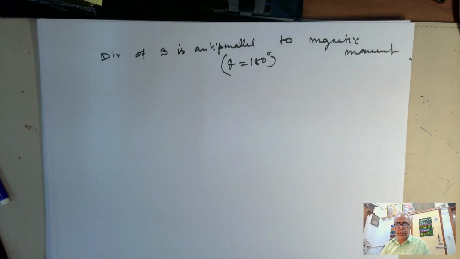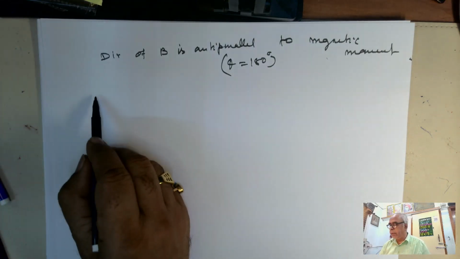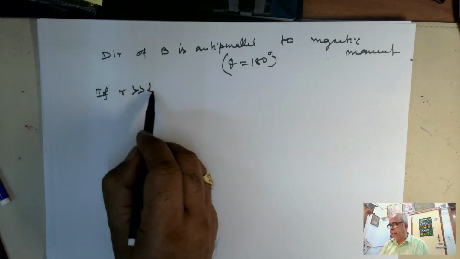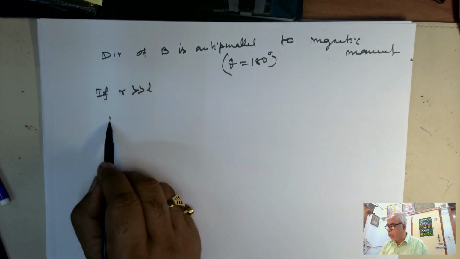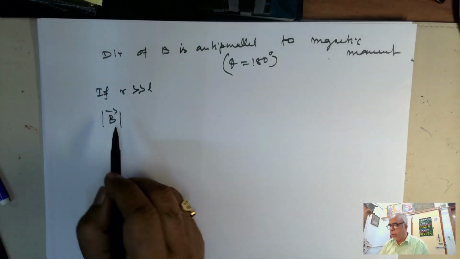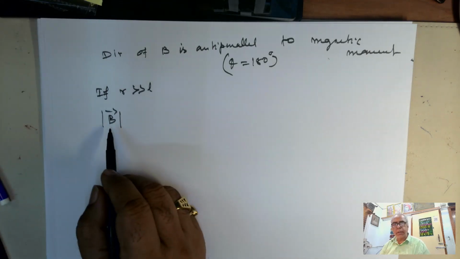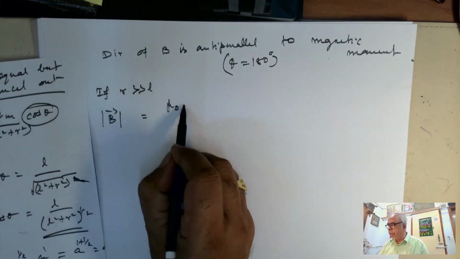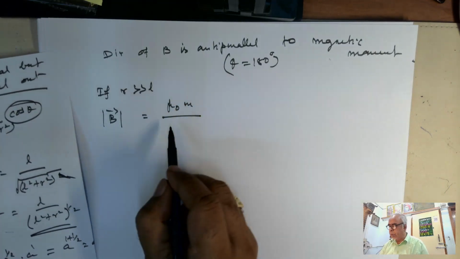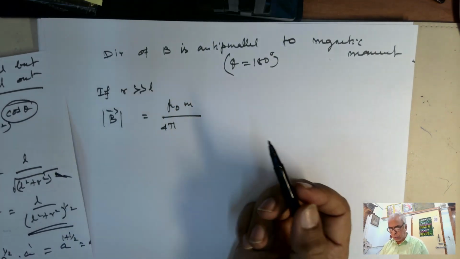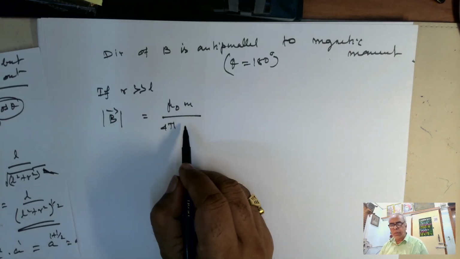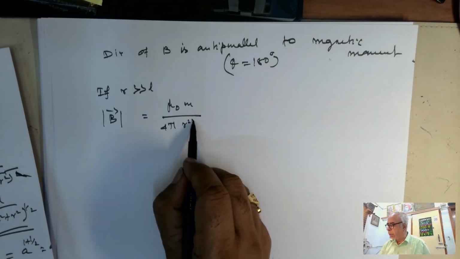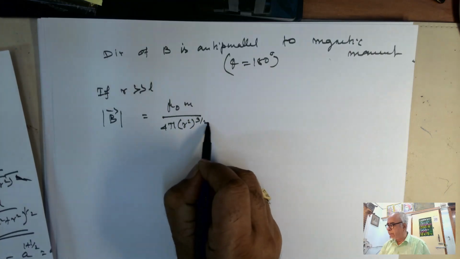Now we can consider a case when R is much greater than L. So L is neglected. So B vector net is equal to mu naught m divided by 4 pi into R squared whole power 3 by 2, where L is neglected.